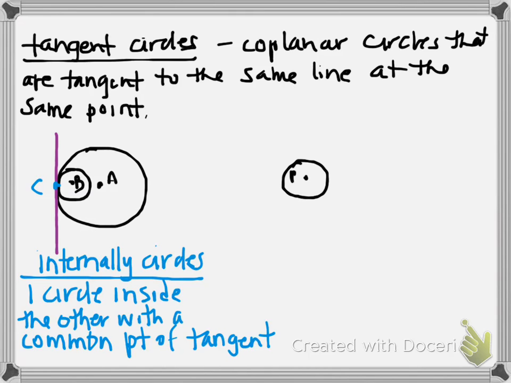We'll call him circle B. Oops. We'll call him, oops. There we go. A little harder. Circle A. They have exactly one point in common. That's point C. And it's only through that one point does the tangent pass.